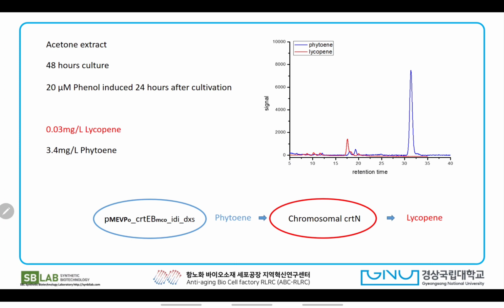And we have also established that this CRTN is able to convert the C40 phytoene into lycopene. But the chromosomal CRTN, since it is a single copy, was not able to convert all the phytoene that was produced from our plasmid into lycopene. That's why we are seeing this large peak of phytoene.